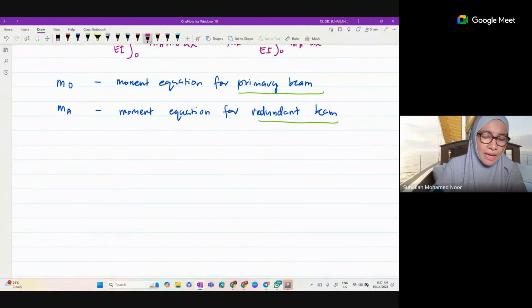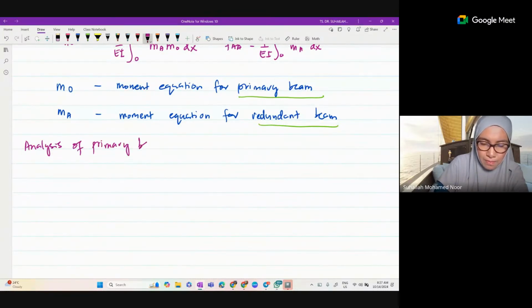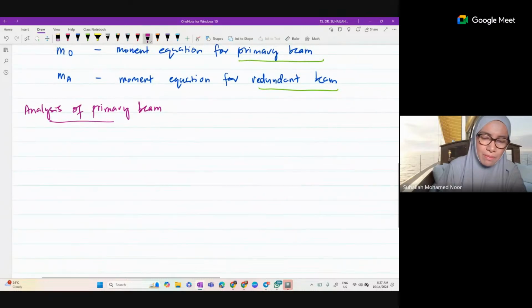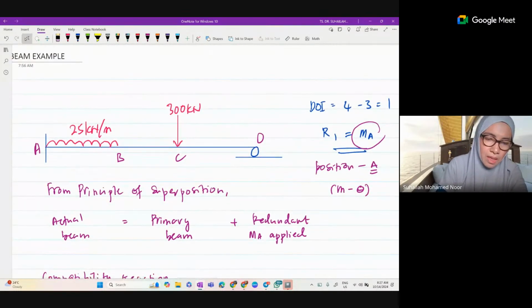Analysis of primary beam. So in the primary beam, okay, so let's say here 5 meter.